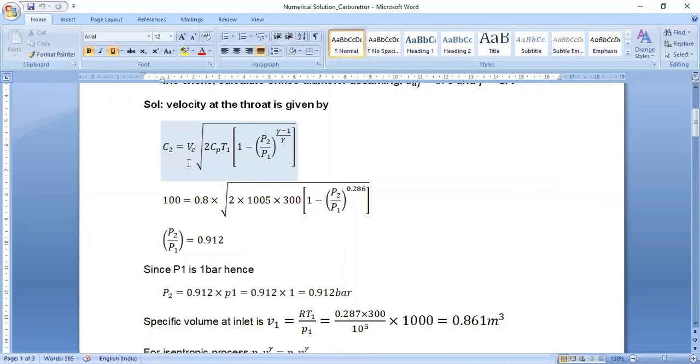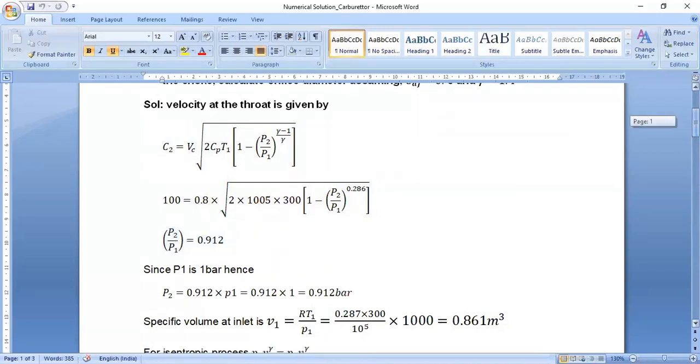Here Vc is the velocity coefficient, and velocity is 100 meter per second. So 100 is equal to 0.8 into root over 2, value of Cp is 1005, temperature T1 is 300 Kelvin, and pressure ratio P2 by P1 can be obtained because the value of gamma is known. So by solving this, you can get P2 by P1 is equal to 0.912.